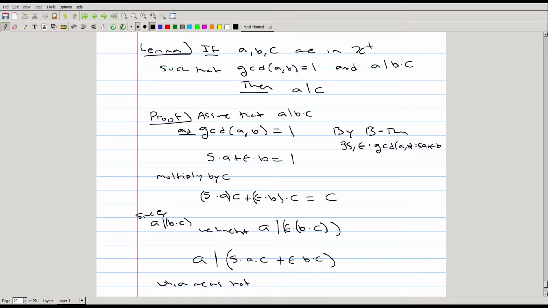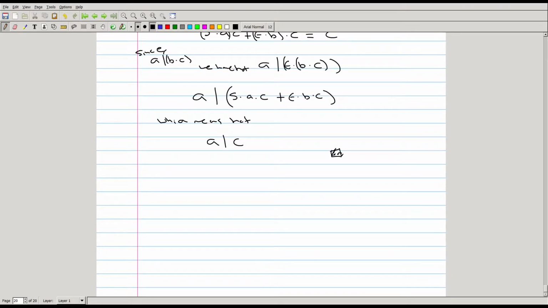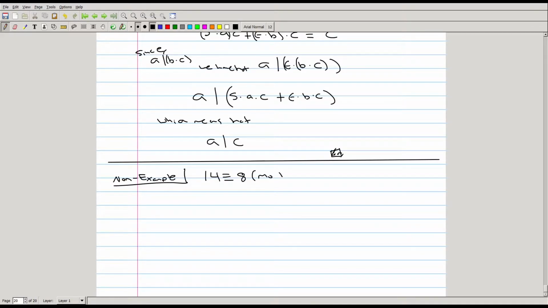Now, this theorem is really cool for a number of different reasons, but it allows us to do some really neat stuff. Specifically, I'll give you an example, or rather a non-example. Suppose that we want to express that 14 is congruent to 8 mod 6.